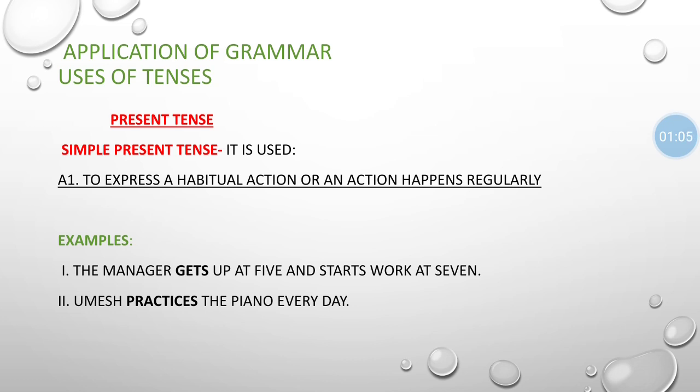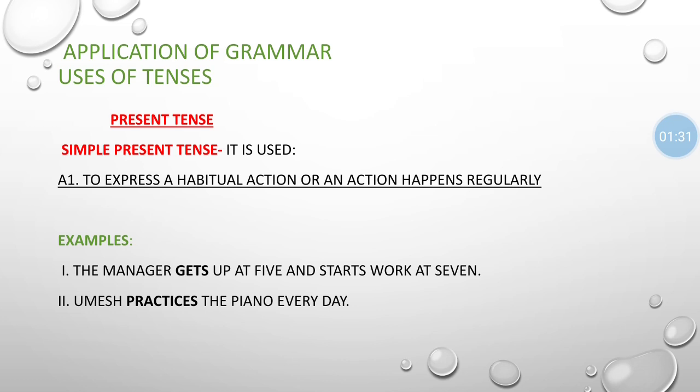Every tense has four subtypes: simple, continuous, perfect, and perfect continuous. Three main tenses, and every tense has four aspects, meaning a total of 12 types of tenses. So students, let us see the different types of tenses.